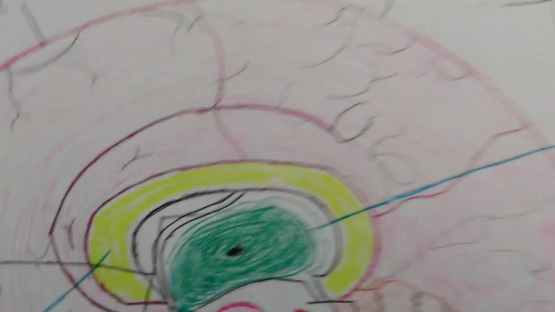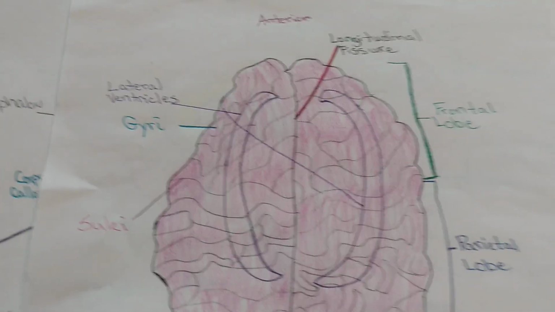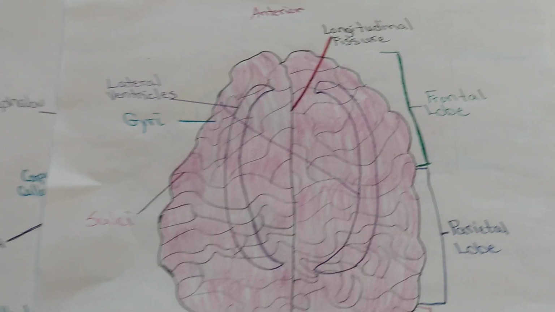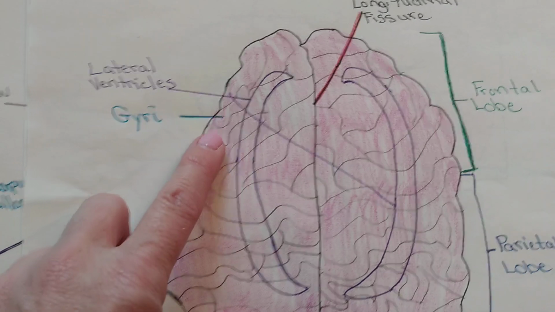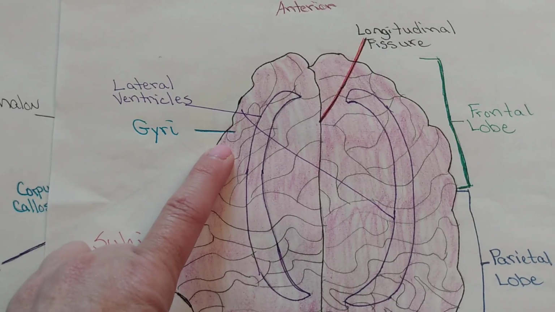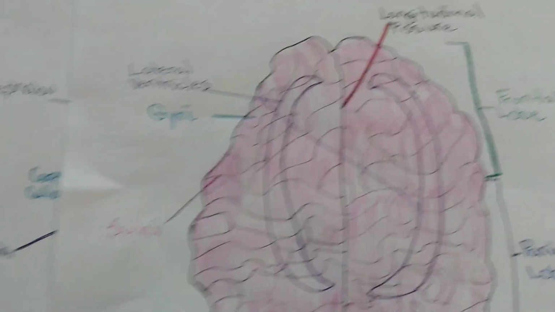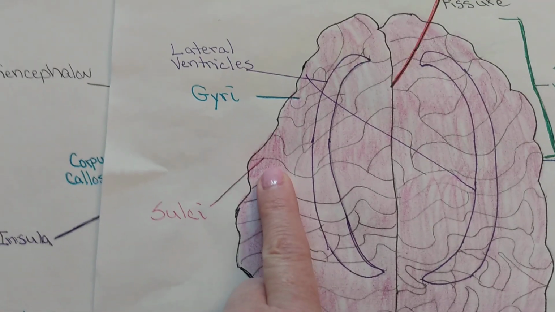So I'm going to use my other drawing again here. My other drawing here, I have drawn more of the gyri. The gyri would be the mountainous type figures here in the brain. The sulci would be the shallower grooves.